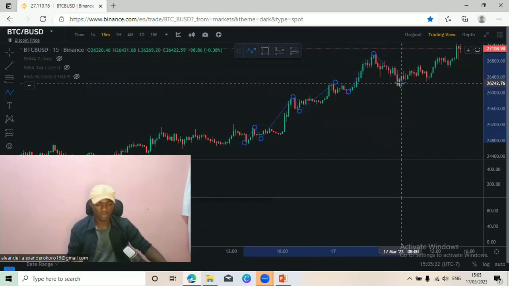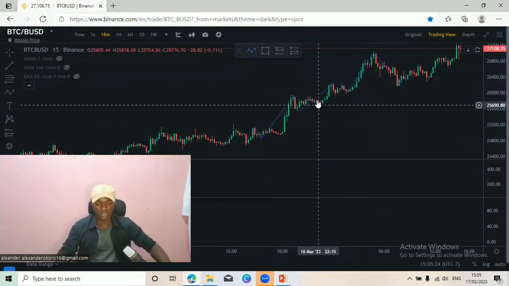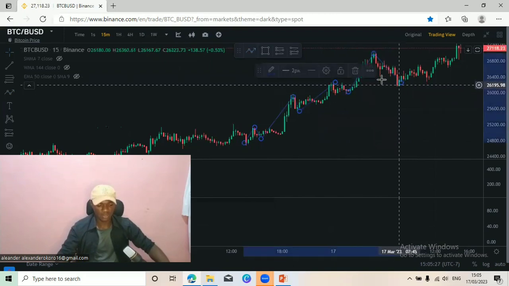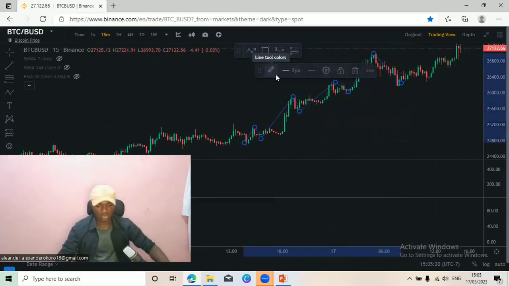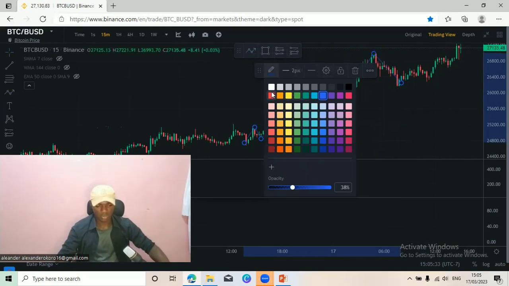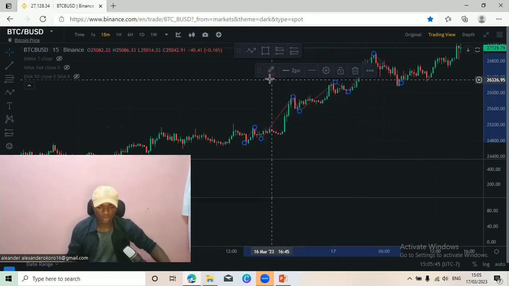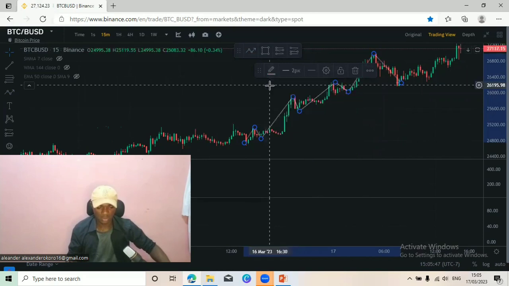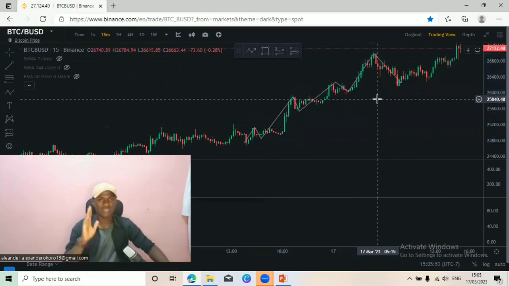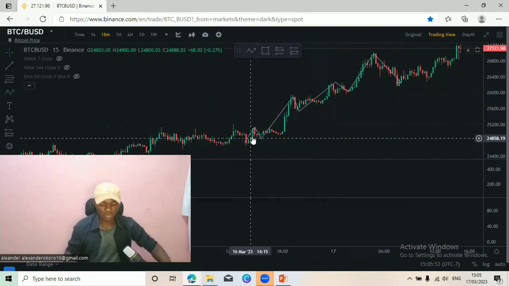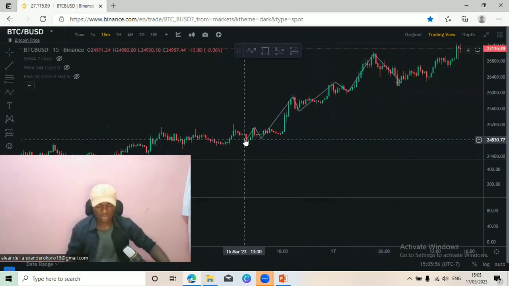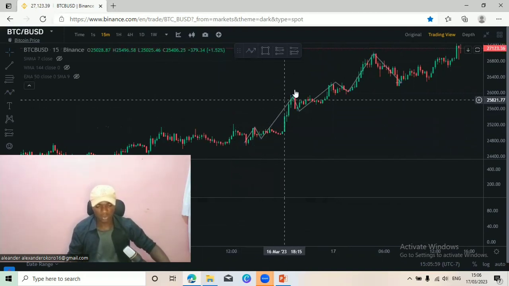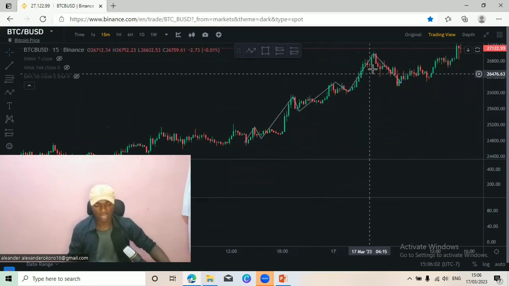Let me change the color so that we can easily see it. Let's use this white. All right, hope you can see it very clearly. Now this is uptrend. You can see it is making a new higher high, higher low, higher high, higher low, higher high, higher low, higher high, higher low.